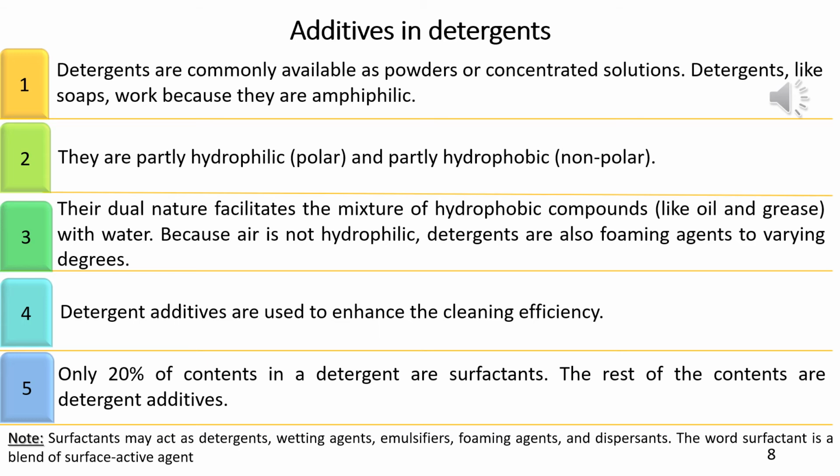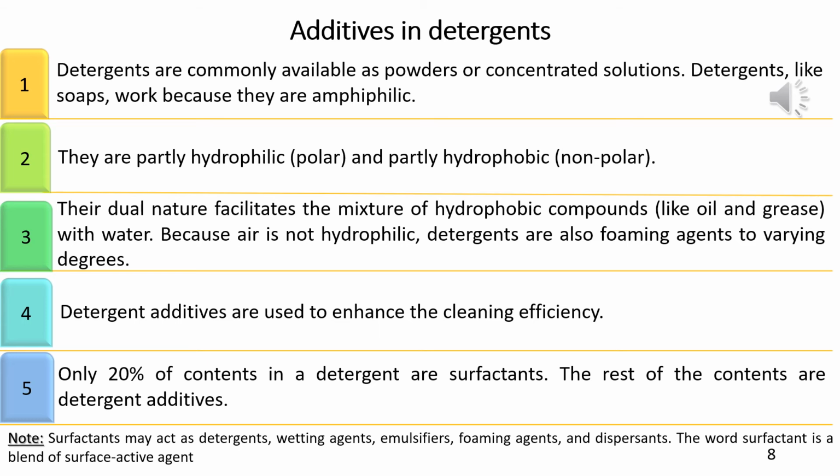Number 3, their dual nature facilitates the mixture of hydrophobic compounds like oil and grease with water. Because air is not hydrophilic, detergents are also foaming agents to varying degrees. So, how does this hydrophilic and hydrophobic nature facilitate the detergent?